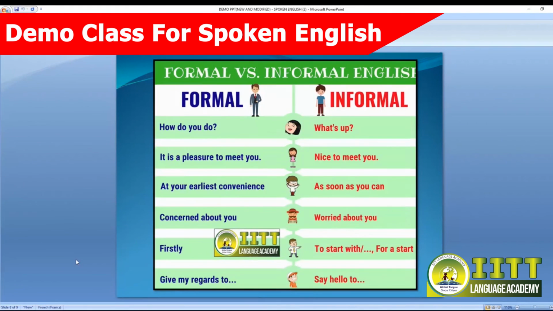The third one you can see, at your earliest convenience. Please report back to me at your earliest convenience. When my father said to me, when I was going to Delhi for the first time, you will reach the place, you will write a letter as soon as you enter the hotel, this was informal, a father-daughter talk.